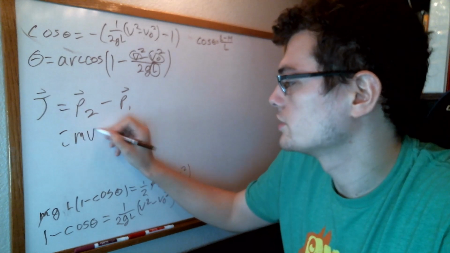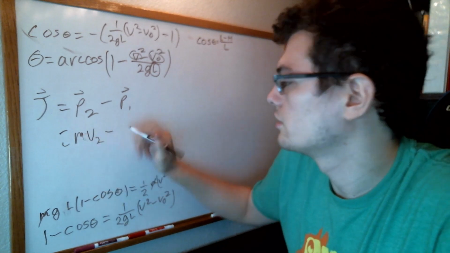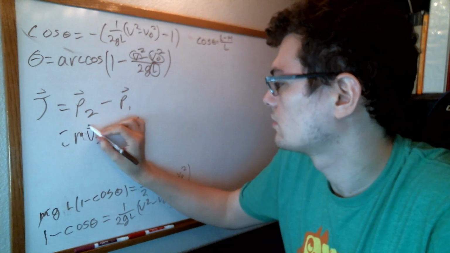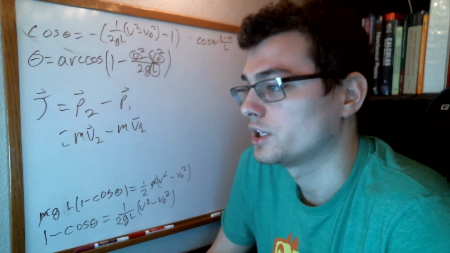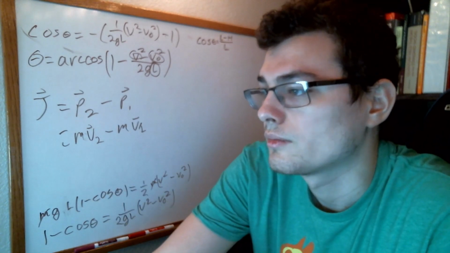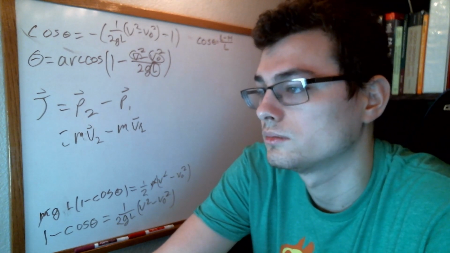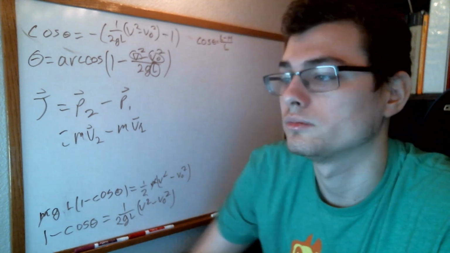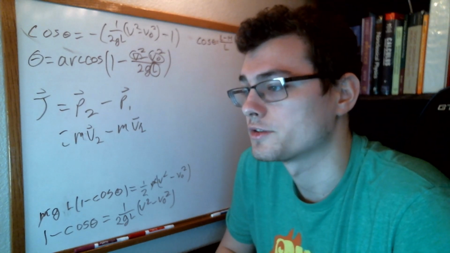This just decomposes to m2v, and these m's are the same. And just take great care with your directions here. And then remember the difference between the types of collisions and what that means for the problem in terms of conservation.